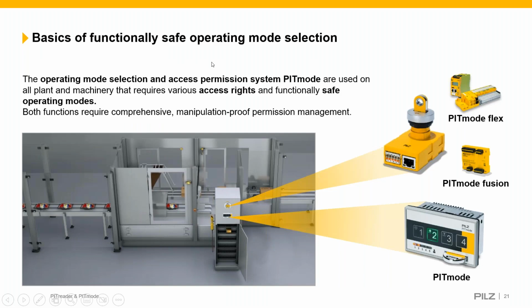So basics of functionally safe operating mode selection. The operating mode selection and access permission system, PIT mode, are used on plant and machinery that require various access rights and functionally safe operating modes. Both functions require comprehensive manipulation-proof permission management.